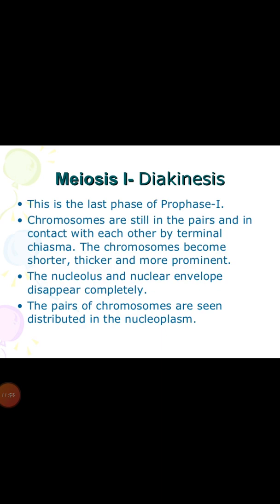The nucleolus and nuclear envelope disappear completely. The pairs of chromosomes are seen distributed in the nucleoplasm. This is diakinesis. Here we can see the disappearance of the nucleolus and nuclear envelope, and the pairs of chromosomes seen distributed in the nucleoplasm. In this way, this is prophase first.